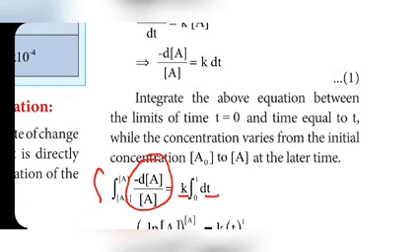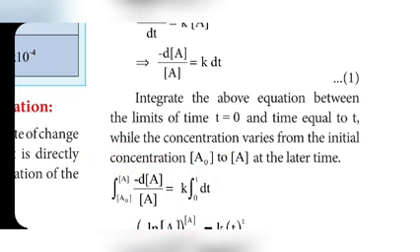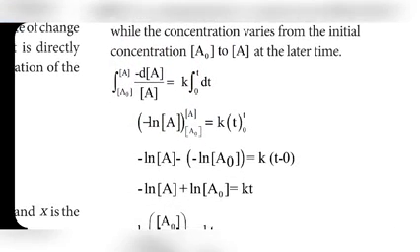Additionally, the integration symbol is given here, from 0 to t, and the concentration of A0 to the concentration of A. For solving this equation you must have some knowledge about integration, for understanding this line, for understanding these equations.